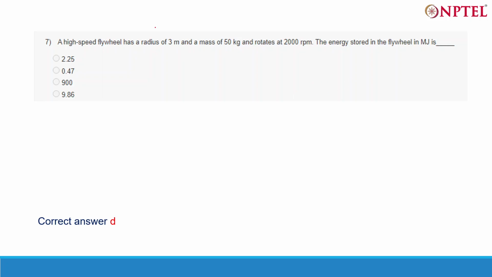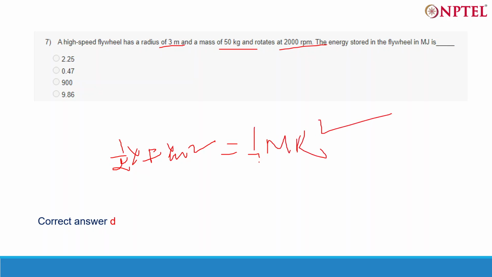Let me check: a high speed flywheel has a radius of this, mass of this, rotates at this. The formula is I into omega square, where I is the moment of inertia, so mr square is the I, and omega is 2 pi N upon 60. Put the values and get the answer.